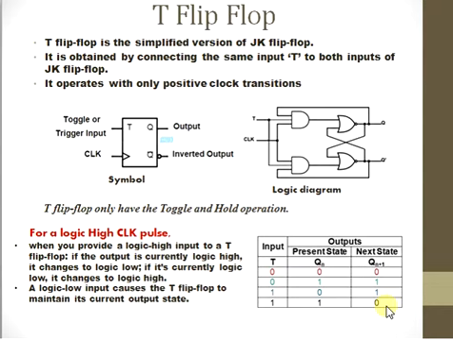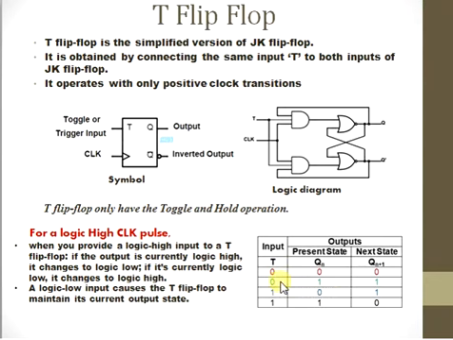This is different from the D flip-flop, where whenever there is a clock pulse, the output will be the same as the D input. These conditions apply when there is a logic high clock pulse. So whenever there is a high clock pulse in the D flip-flop, whatever is given to D will be transferred to the output. If D is equal to 0, the output Q will be 0, and if D is equal to 1, output Q will be 1.